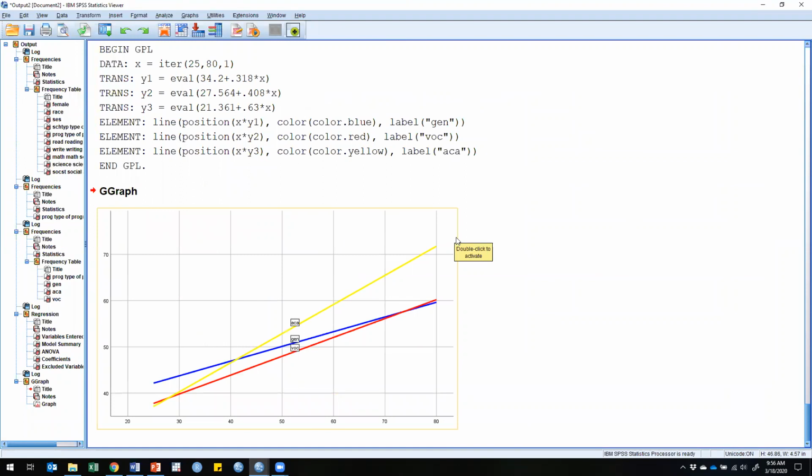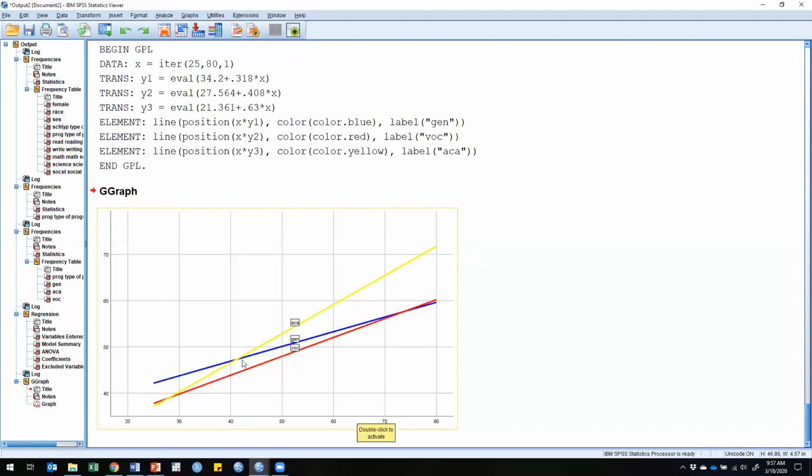If you remember from ANOVA designs, non-interaction effects are represented by parallel lines. Non-parallel lines represent an interaction effect. You can see that these lines are not parallel, and it's sort of showing you the interaction effect. You can see the slope for academic track is steeper.